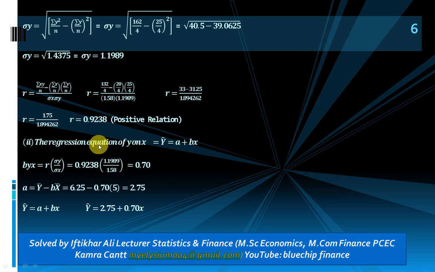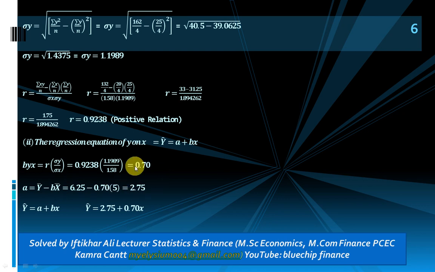Second thing which we are going to calculate is the regression equation of y on x, which is equal to y hat equals alpha plus beta x, which is equal to correlation coefficient multiplied by standard deviation of y divided by standard deviation of x. So after the calculation, regression coefficient y on x will be 0.70, and alpha will be calculated through this method: y bar or mean of y minus this regression coefficient multiplied by mean of x, and the result will be 2.75.